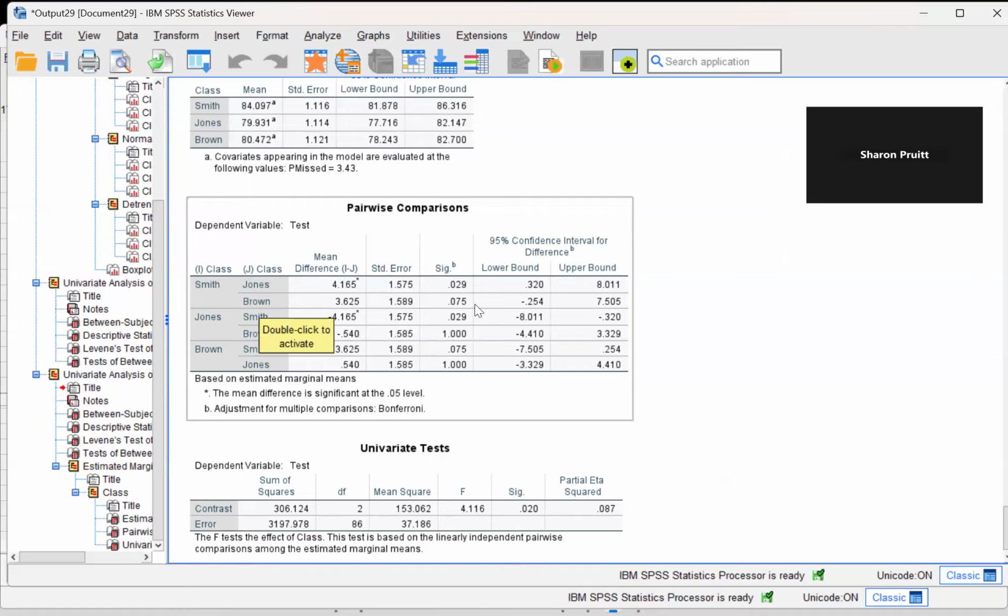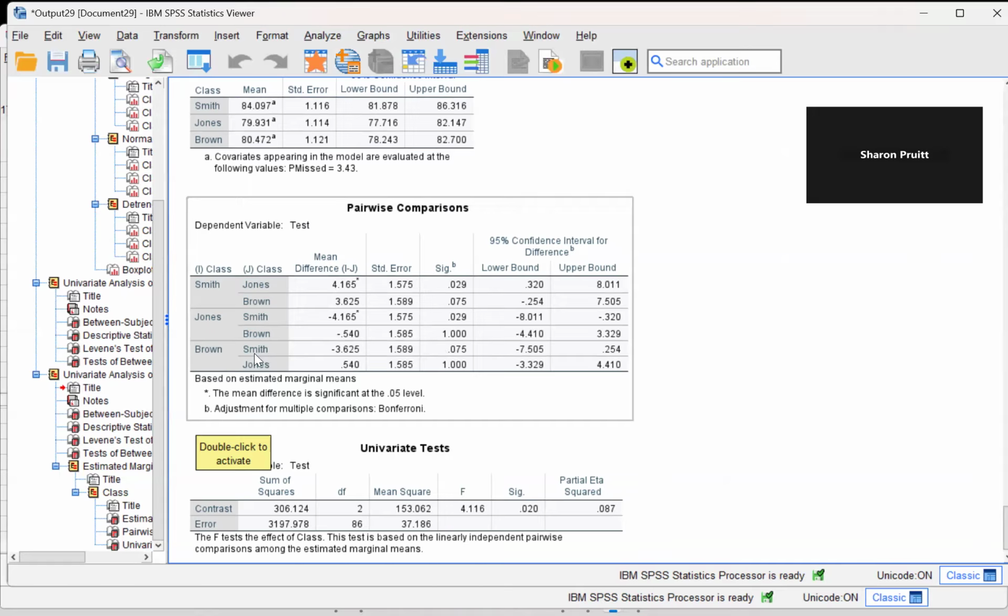There is no significant difference in scores between Smith and Brown. Here again, we have Jones and Smith with a p-value of 0.029. Jones and Brown, there's no significant difference in test scores between those two teachers.